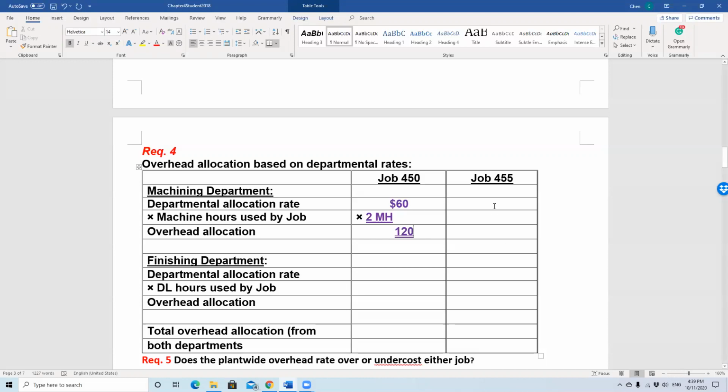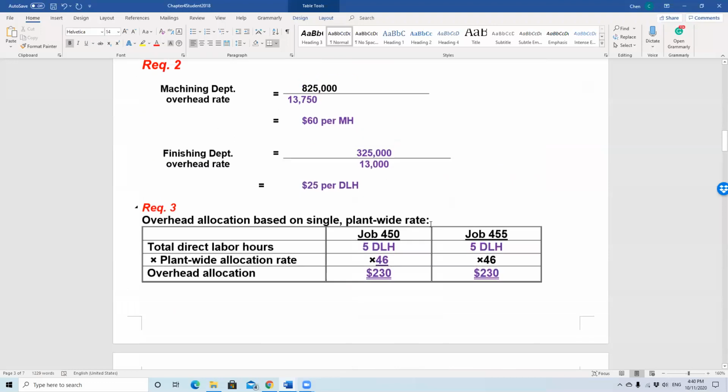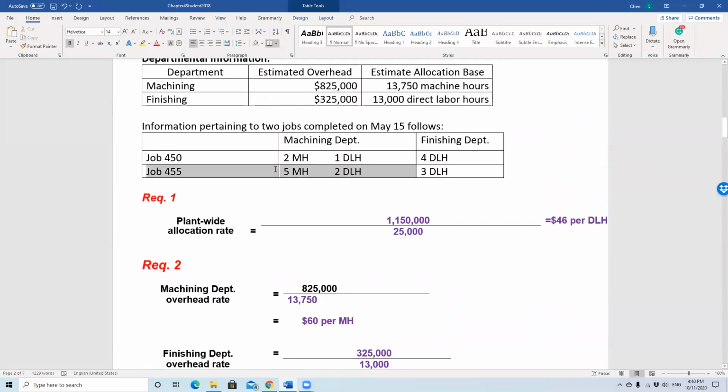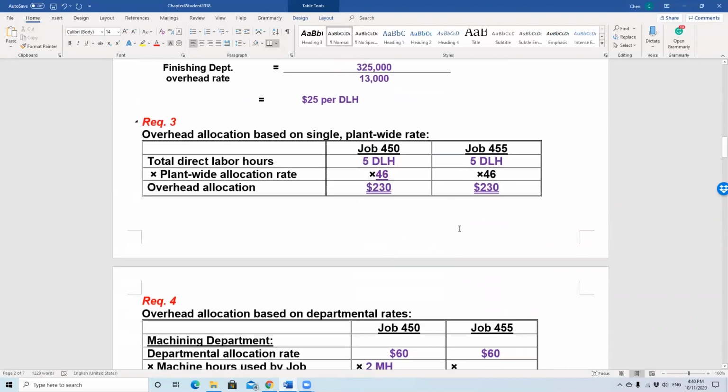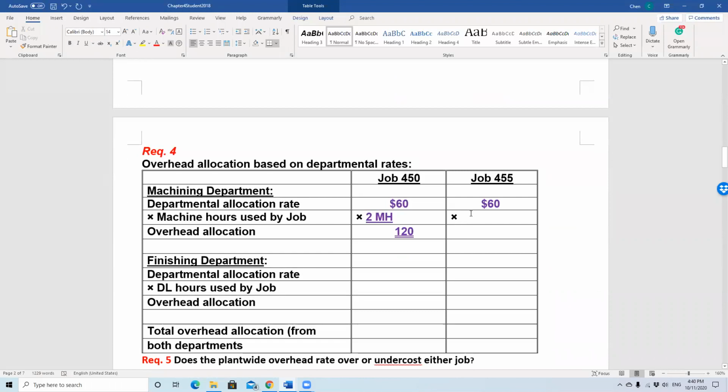And then for job 455, we have the same predetermined overhead rate. Let's look back and see how many machine hours they have. It looks like they have 5 machine hours. So let's do it times 5, and then it's 300.